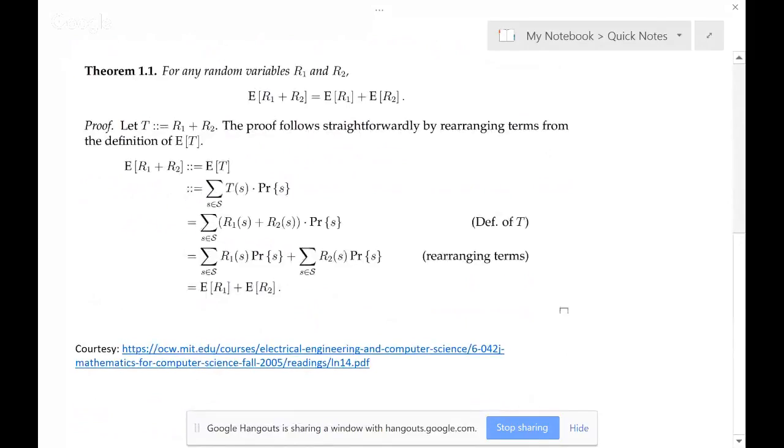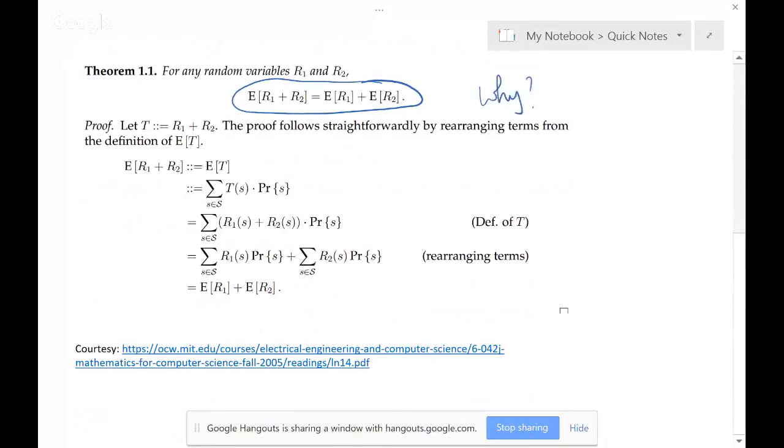So you have two random variables, R1 and R2, and the linearity of expectation is just to show that the expectation of R1 plus R2 is the sum of their individual expectations. This is classic linearity of expectation. And the question was why?